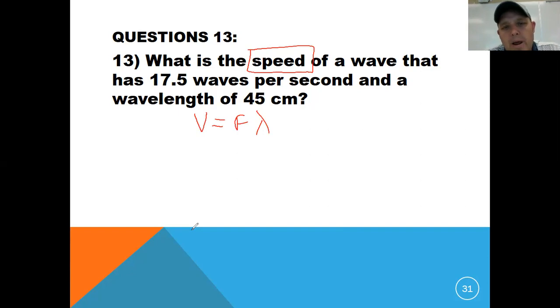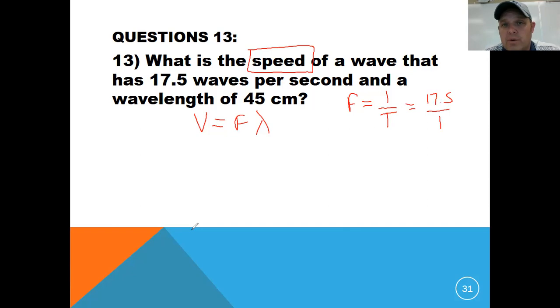Now, I'm going to break this apart a little bit because do we have frequency? Well, the frequency equation is 1 over time, or waves divided by time. In this one, we have 17.5 waves per 1 second.